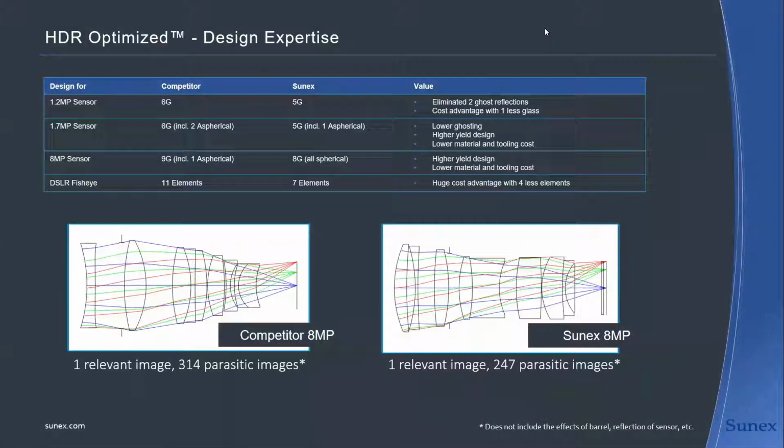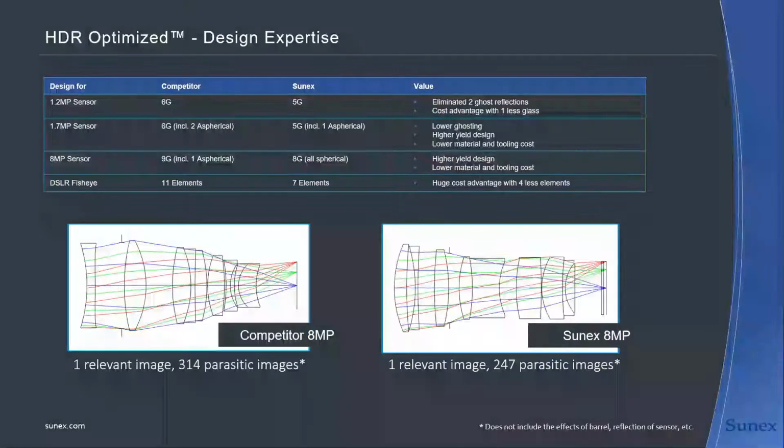But beyond that, we see a lot of companies out there who sometimes throw glass at solving an image problem. Adding more glass can increase the MTF, but it comes with heavy penalties and not just stray light. There's also things like total transmission, and cost and complexity. So our philosophy is this elegant design principle where we use enough glass to meet or exceed the requirements, but no more glass than is necessary.